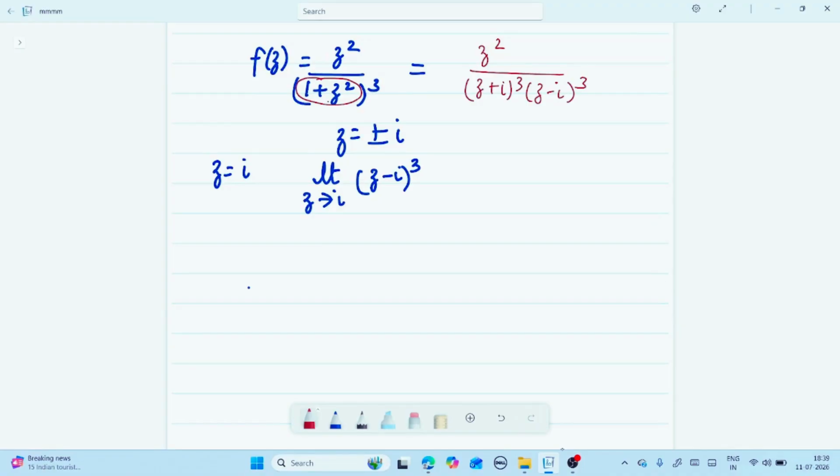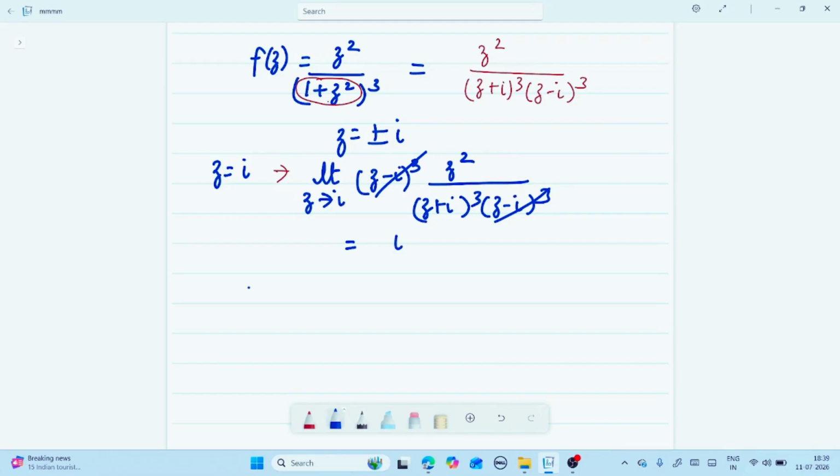So now while finding the limit for z equal to I, it will be limit z tending to I, z minus I the whole cube. We know the definition for a pole of order m. So z minus I the whole cube into f of z. How is f of z being rewritten? z square by z plus I the whole cube into z minus I the whole cube. So now you can just apply the limit z tending to I here.